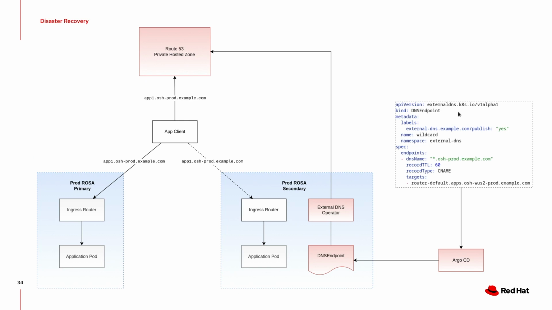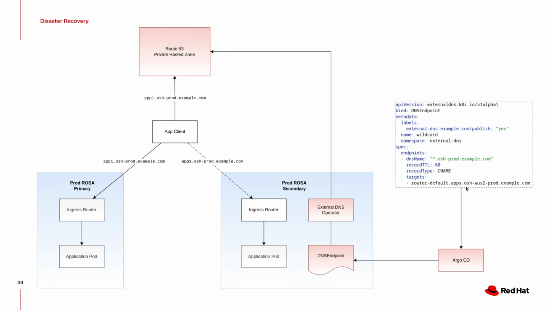Here in this example, you can see a DNS record which is actually a wildcard record, with the star at the front. It says that all applications which match this wildcard will route the traffic towards the ingress router in the west region. That is our primary region.